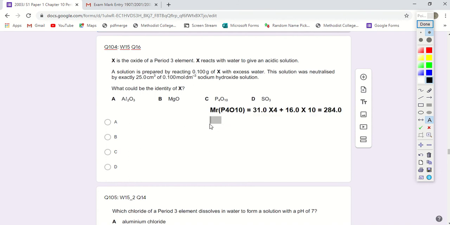Now let's find the number of moles of phosphorus oxide if the mass is 0.1 gram.